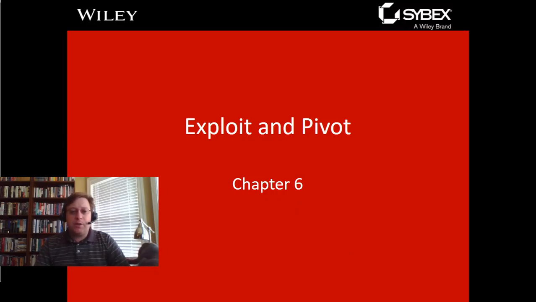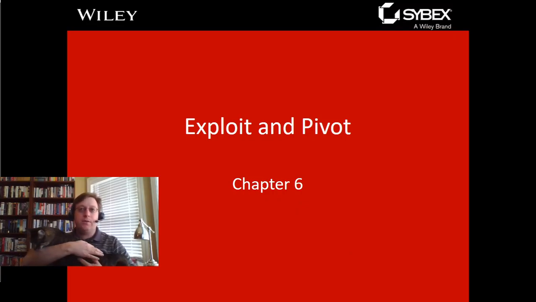So in the last couple chapters, we've been talking about how we would scan systems for vulnerabilities. Chapter 4 was how we would do those scans, and then Chapter 5 was how we would understand the results of those scans, right?